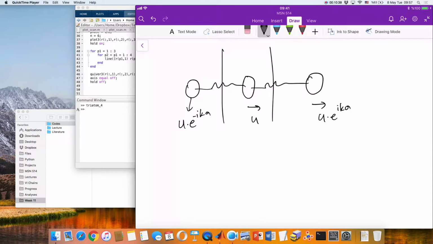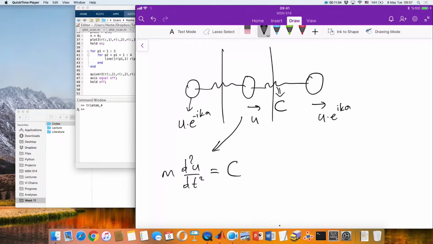So let's now write down the equation of motion for this particular atom or ball. M times d squared u over dt squared equals, let's call these spring constants C. Why C? Because we have used already K. Okay.